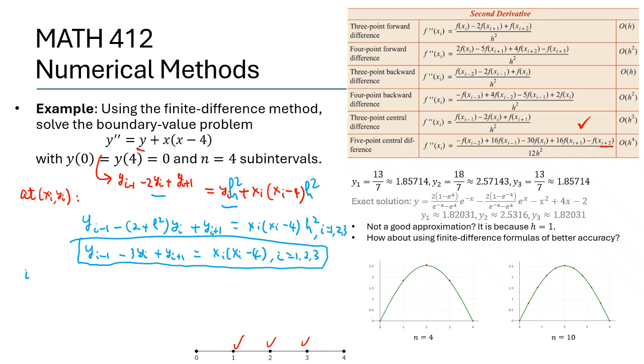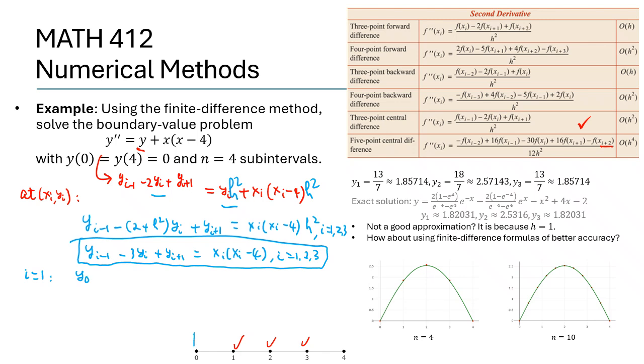When i is 1, we'll try to make it useful, and so that we can solve it, we'll set up a system of equations. When i is 1, you see y sub i minus 1 is y at 0.